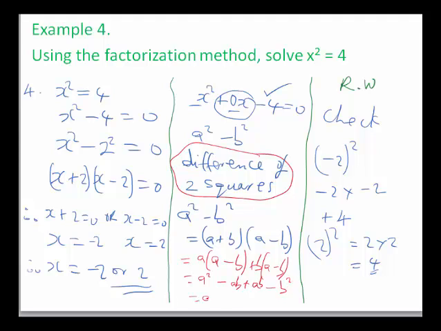Then this gives us a squared minus ab plus ab, we cancel each other and give us 0, minus b squared. Therefore, we have a squared minus b squared. And this is the same thing as what we have here. This is called difference of two squares.